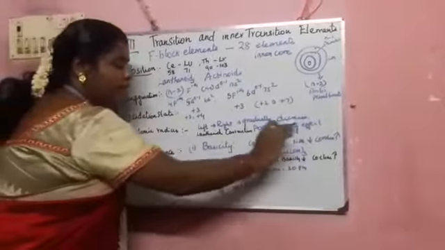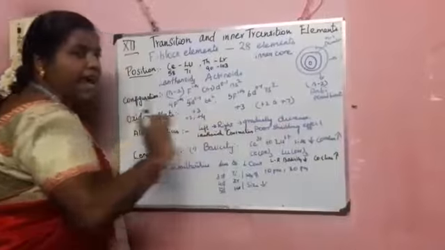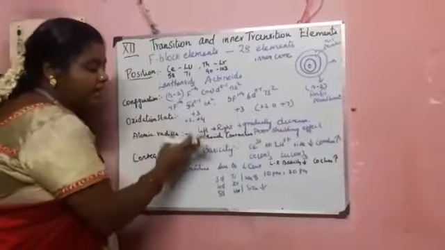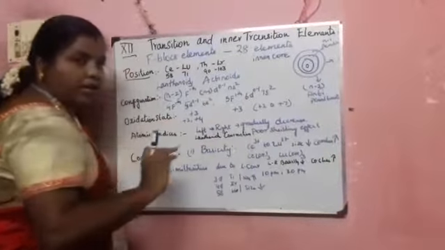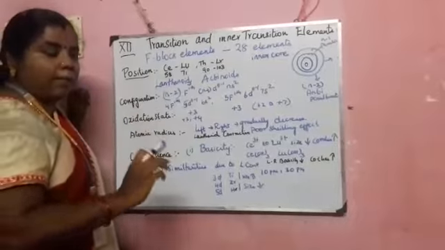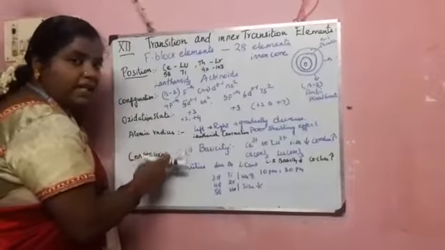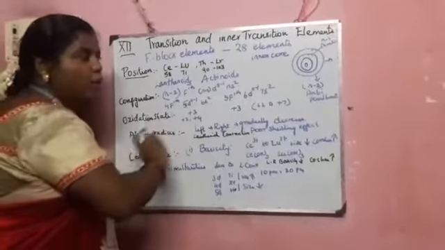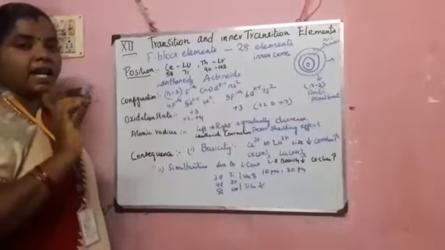The first row has 14 elements and the second row has 14 elements, so in total the F block has 28 elements.